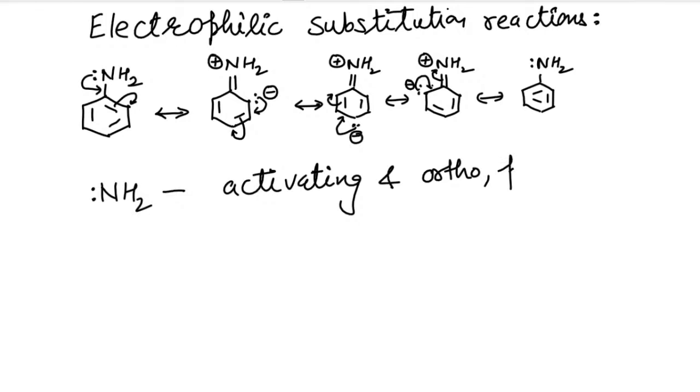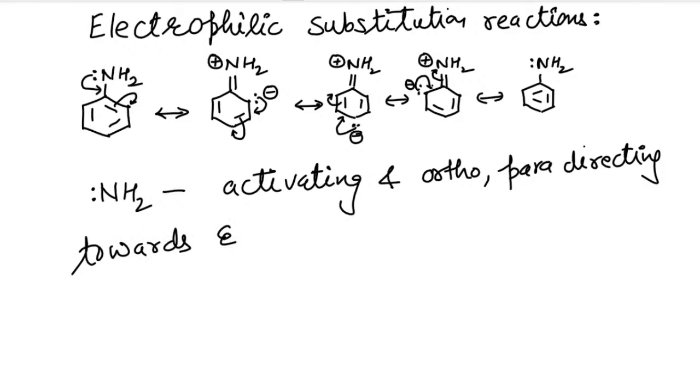Therefore it is ortho para directing towards electrophilic substitution reactions. Okay. So let us start with halogenation.